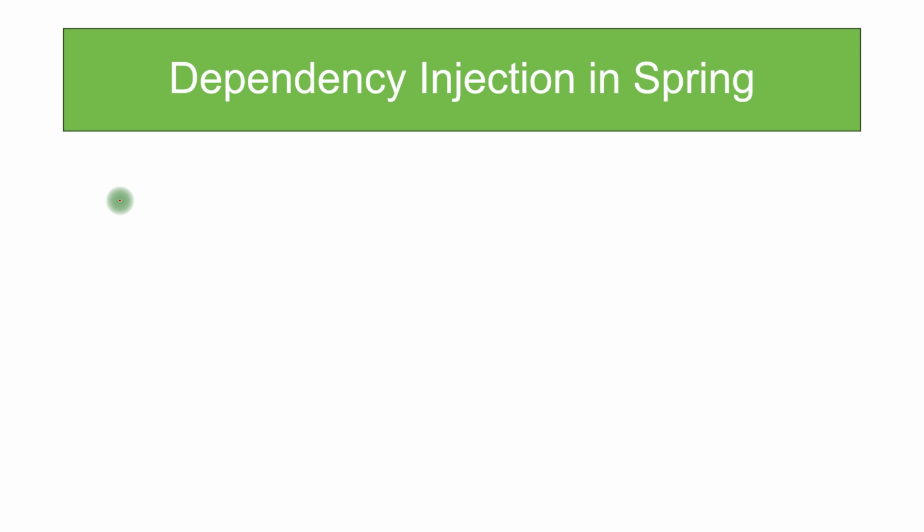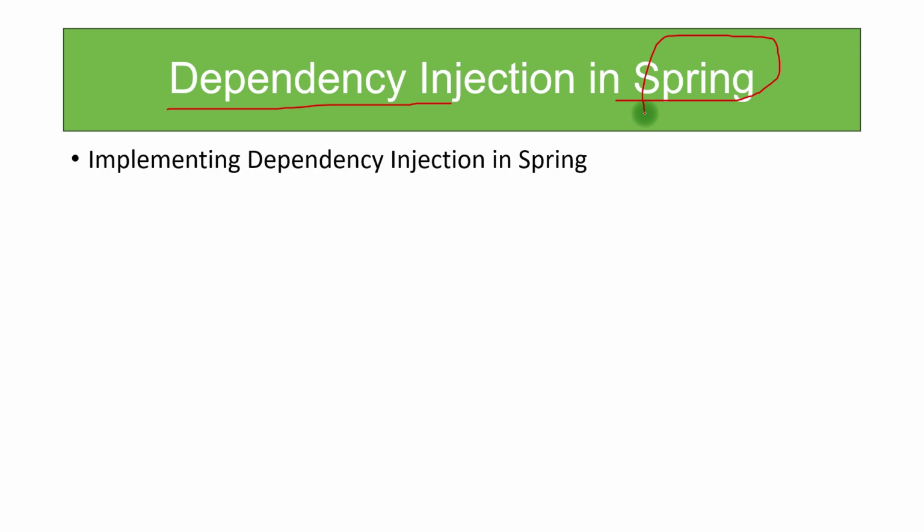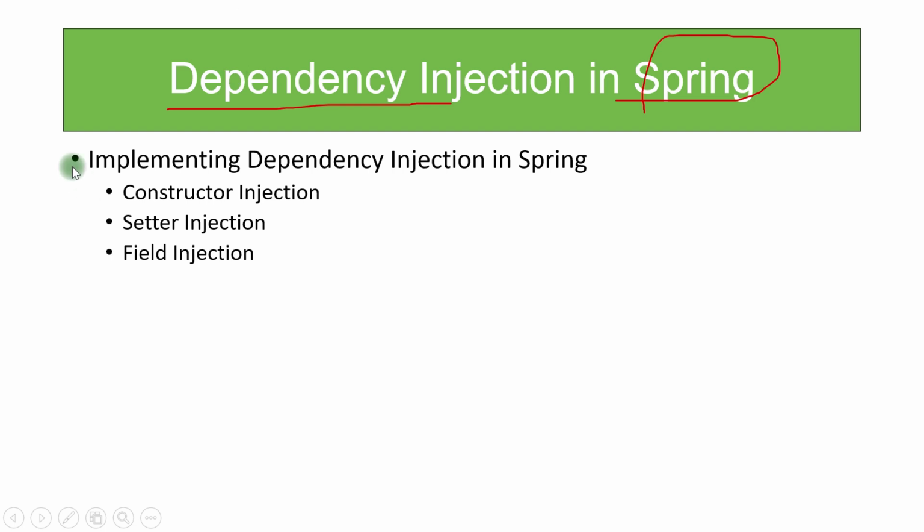Now let's understand dependency injection in Spring. So dependency injection is the core of Spring basically. Everything around Spring, most of the places, everywhere you will see dependency injection in Spring. So let's see this. These are the different options: constructor injection, setter injection, field injection. Now let's see each of these one by one with the help of a program.